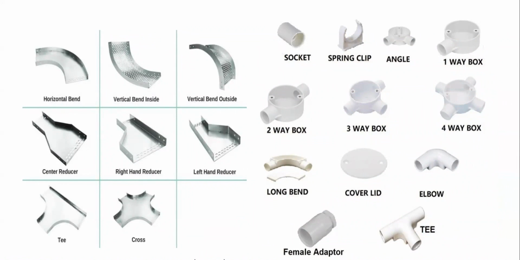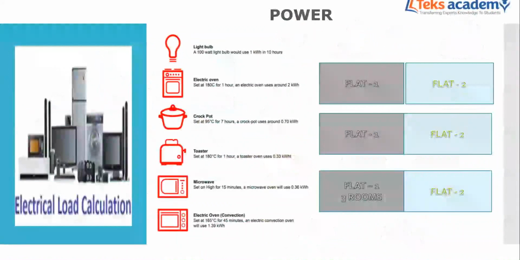So these are the rails and sockets and fittings, all the materials which are required for your electrical purpose. So these are the power ratings for every element. The design engineer has provided some values, according to that we just use that and we'll get the output.